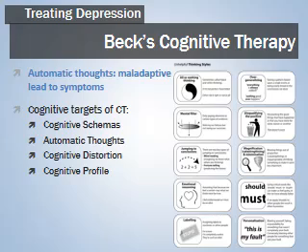Cognitive distortions are systematic errors or biases in information processing and are the link between maladaptive cognitive schemas and negative automatic thoughts.